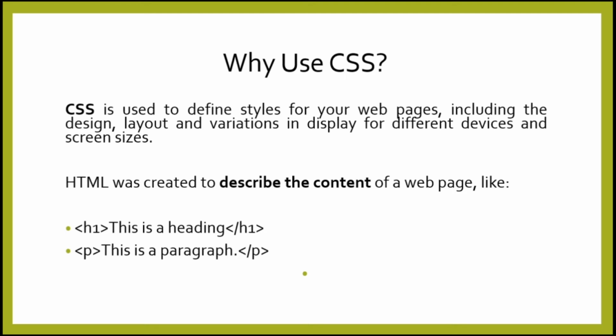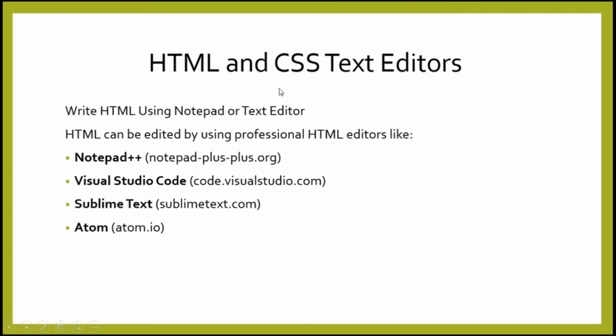HTML is just to describe the content of a web page, and CSS is going to transform this HTML into more beautiful and pretty content. For example, the H1 tag means this is a heading, and the P tag means this is a paragraph.